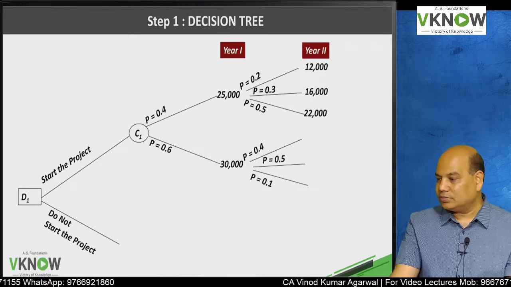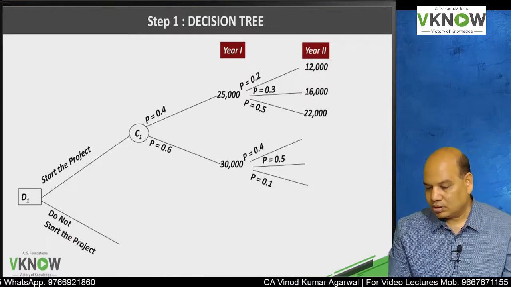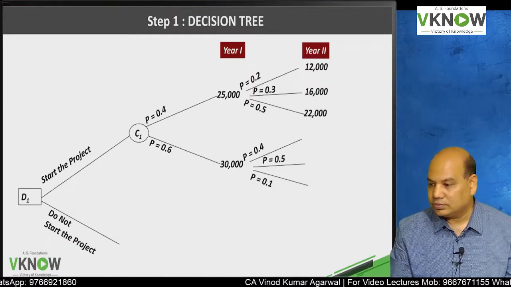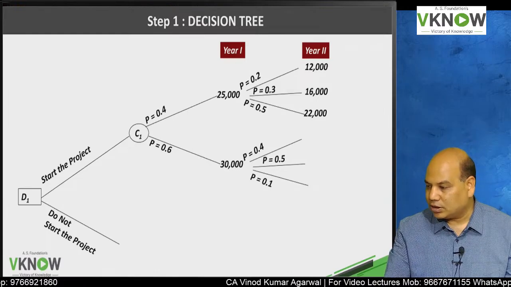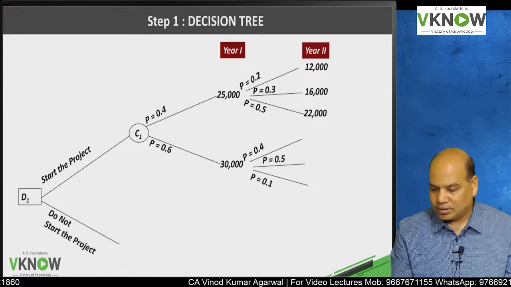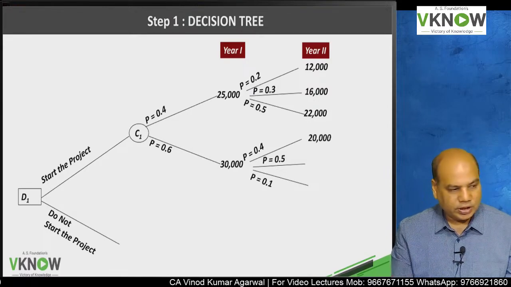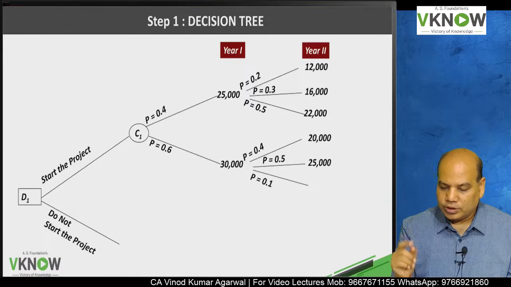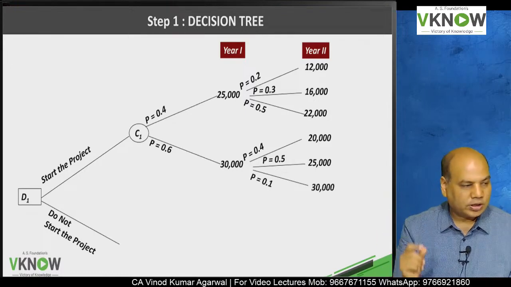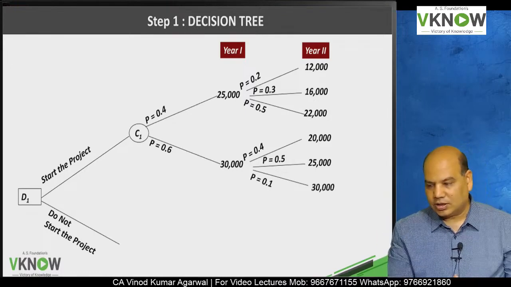And if I get 30,000 in year 1, then I will get either 20,000 or 25,000 or 30,000 in second year.